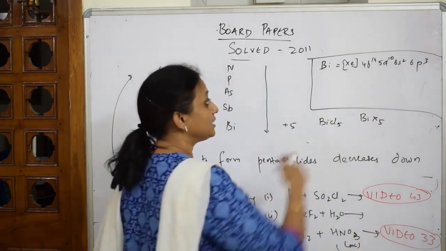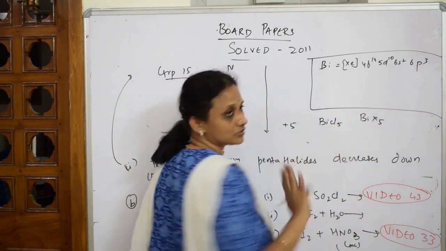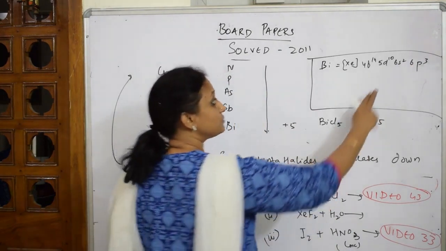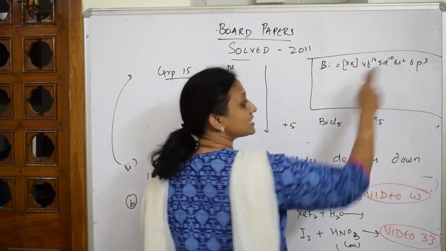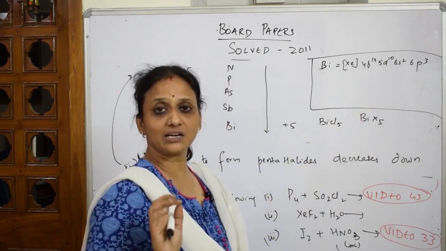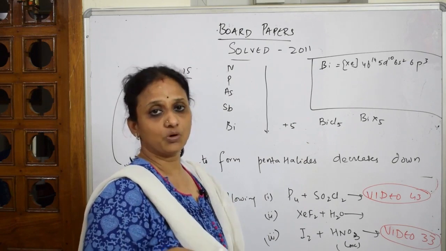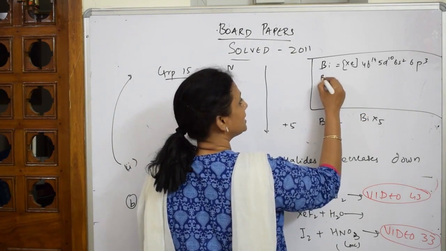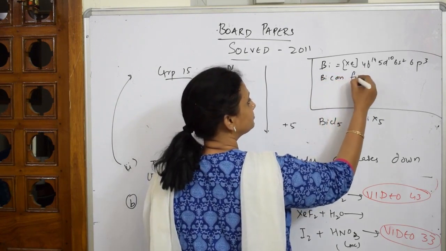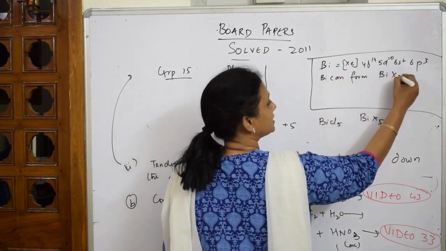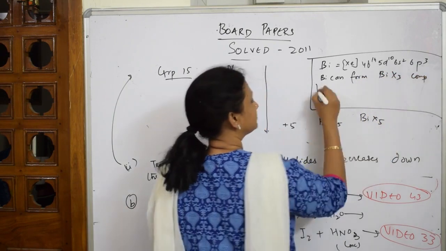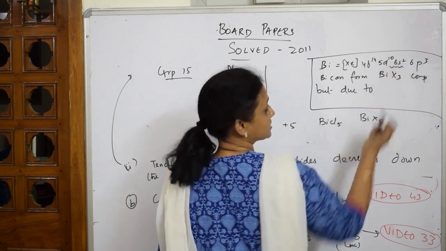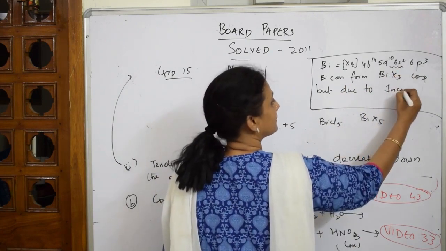Now what is happening? If it can easily donate these 3 electrons, it forms BiX3, but what happens when it comes to losing these 2 electrons? This s electron shows inert pair effect. It is reluctant to participate in bonding. So Bi can form BiX3 compounds, but due to inert pair effect of the s orbital, reluctance of s electron to participate in bonding, it does not form BiX5 compounds.